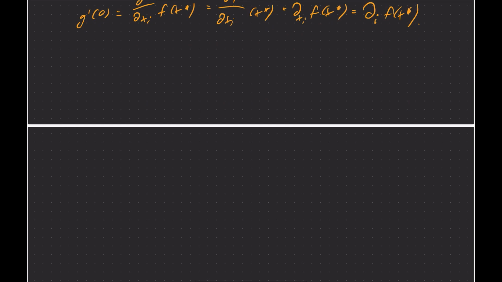And of course, we are usually interested in all partial derivatives. So that's the second part of the definition, part 2. The function is called partially differentiable if all partial derivatives exist.